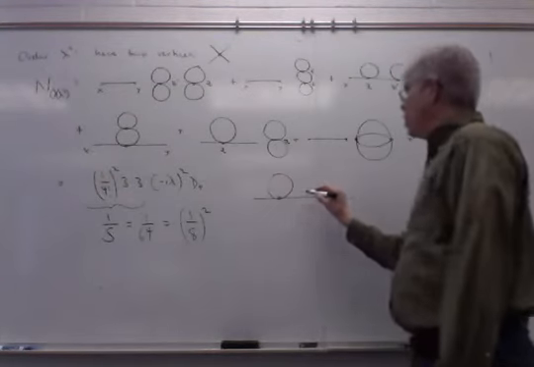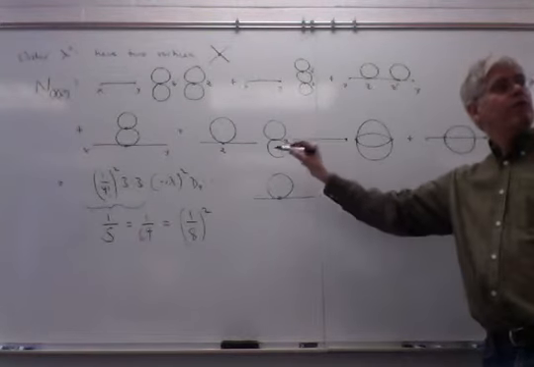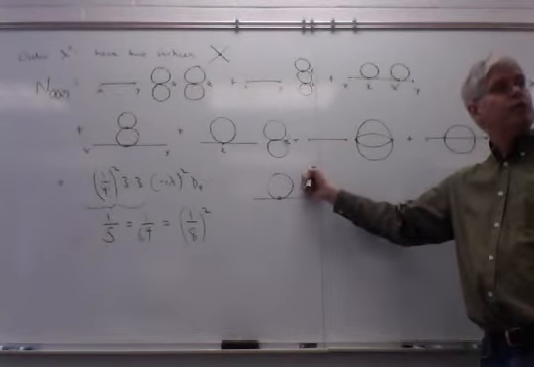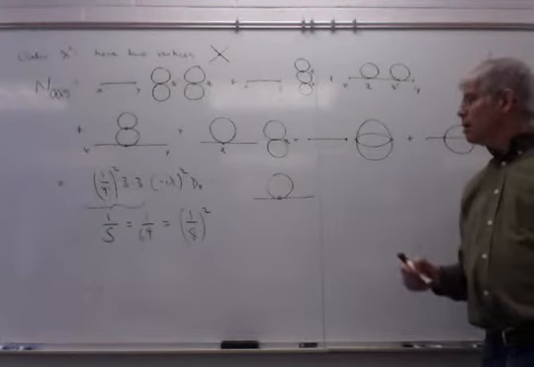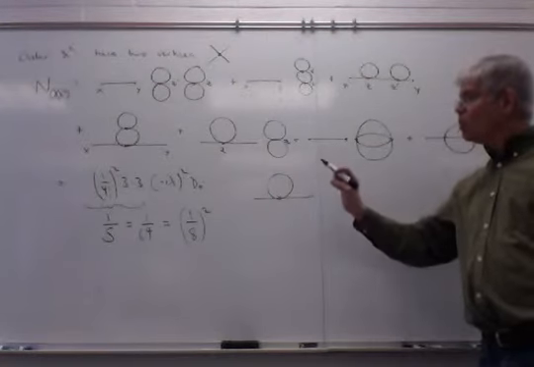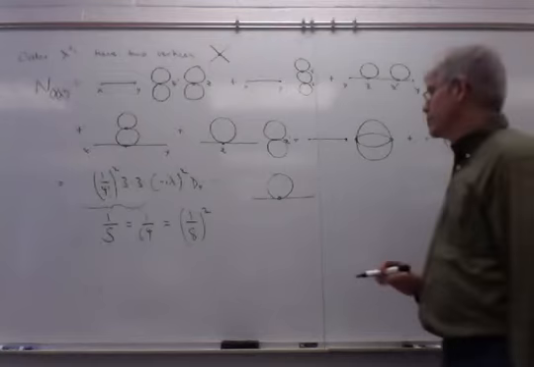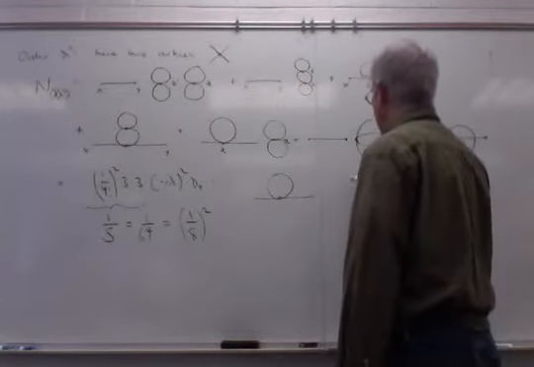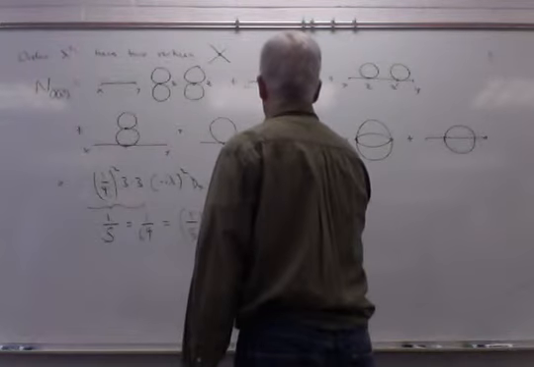There's a diagram we've seen. You remember we said this had a factor of 12. There were 12 ways of getting this contraction, and when you multiply that by 1/4 factorial, you get a 1/2.